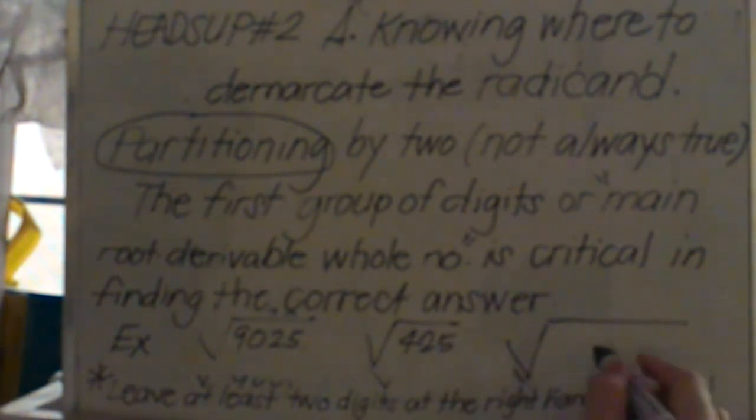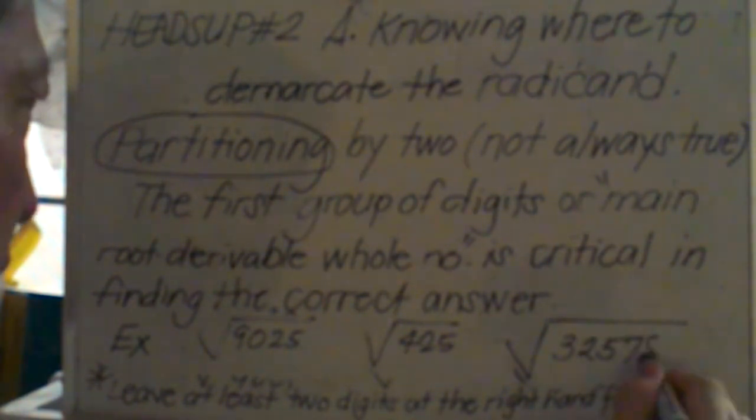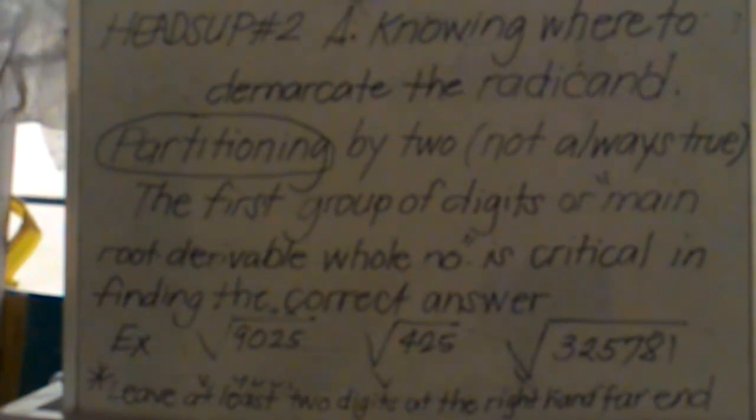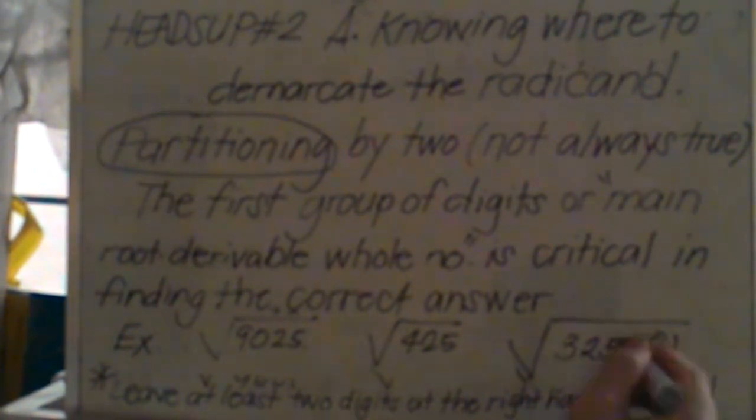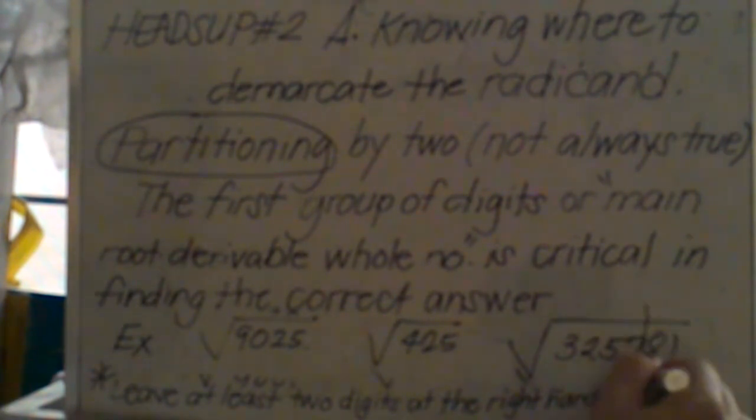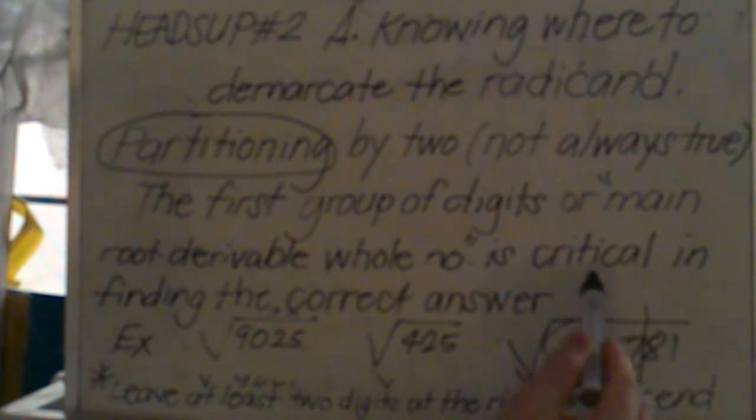So we have 9025, 425, and 5781. All you had to do is demarcate here, and more likely or not, this whole thing is the main root derivable whole number.